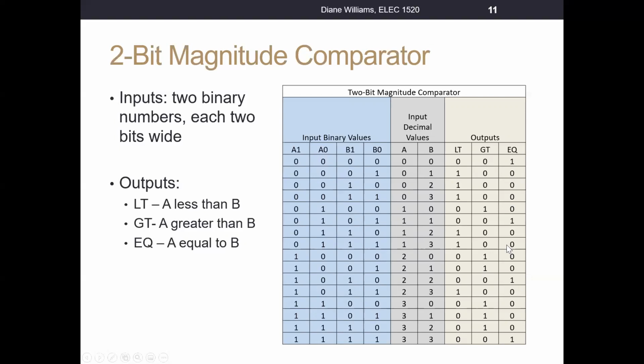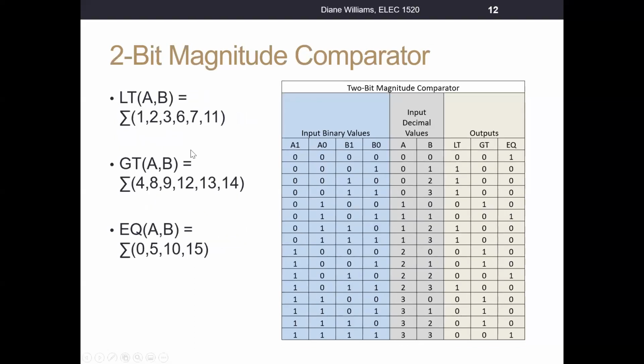Very similar to the 1-bit case, we could go ahead and generate Boolean equations for these circuits. If we want to write things in terms of min terms, our less than is a function of A and B. That's going to be the sum of min terms 1, 2, 3, 6, 7, 11. You can go through the truth table and see if that's correct.